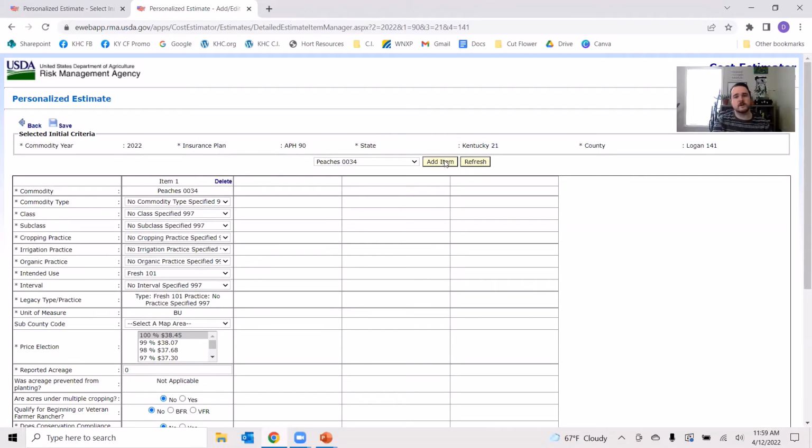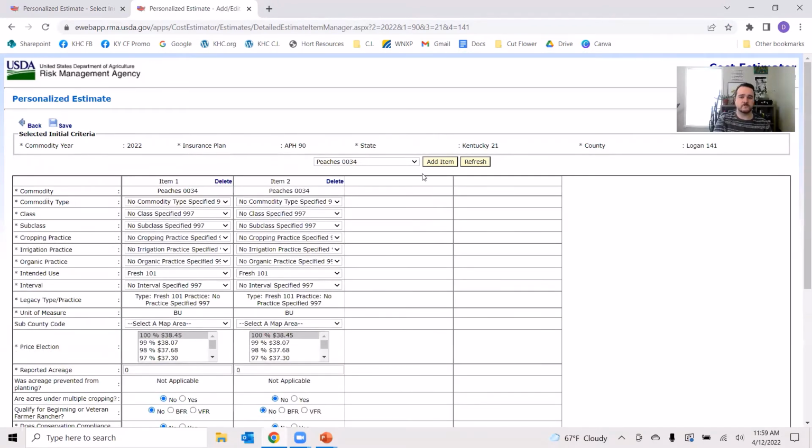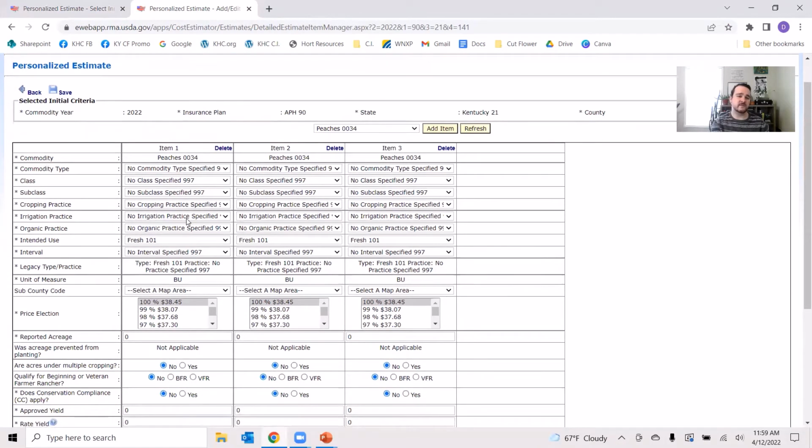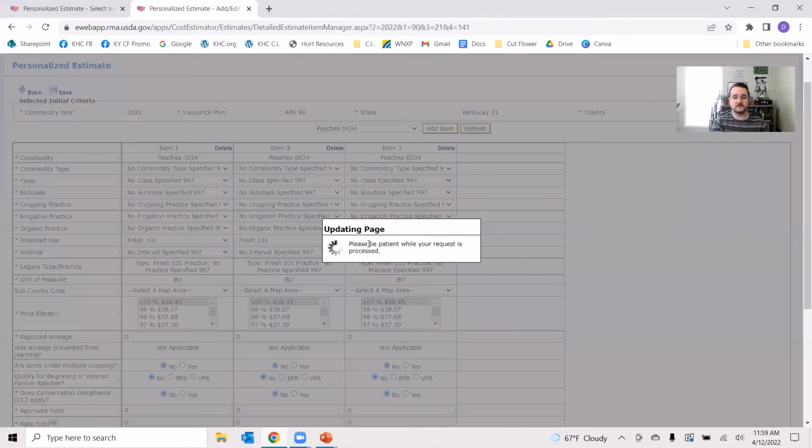Okay, and I'm going to click this two more times because I want to give us a couple examples. So in item 1, we're going to use our fictional farm we talked about. These top few rows, we can't really change those for peaches. It doesn't allow us. There's no option. But in item 3, I'm going to use organic prices.